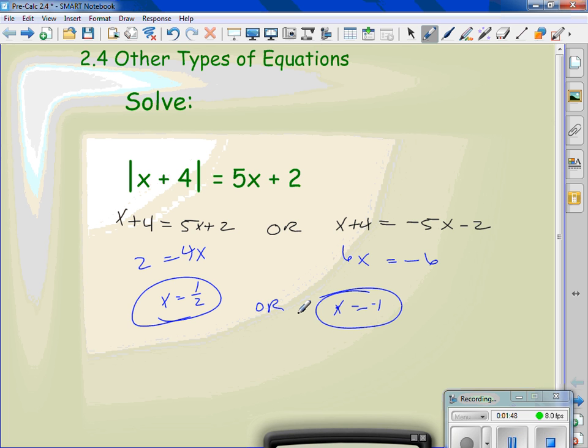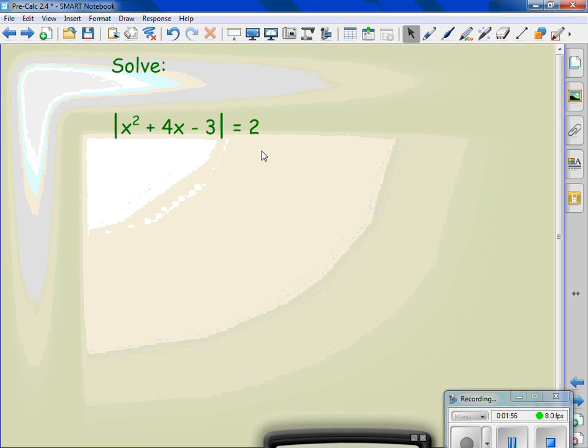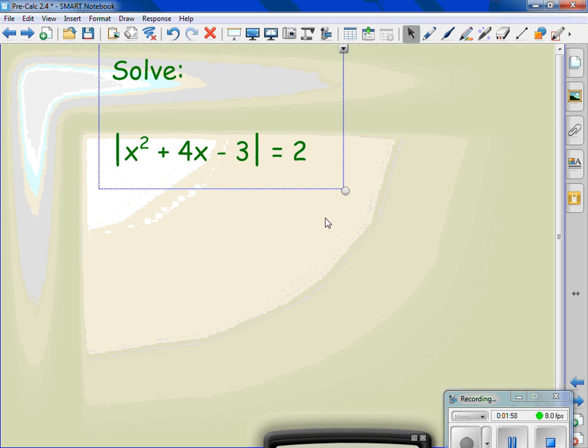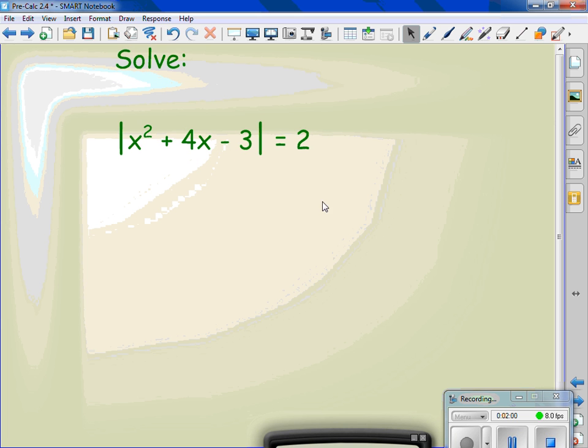Questions there? This is the same type of problem you did last year. Now I'm going to tie it into what we've been doing this year. I have the absolute value of x squared plus 4x minus 3 equals 2. Looking at the absolute value, it means I have two separate problems.